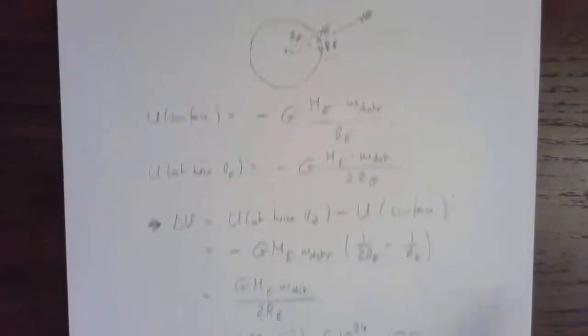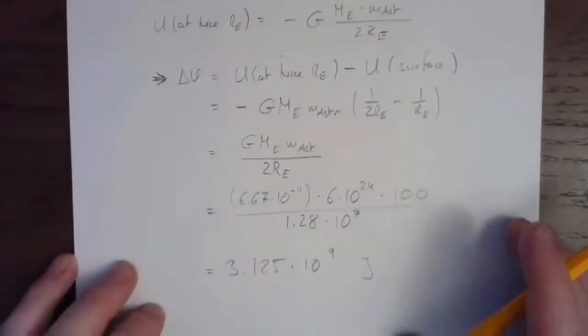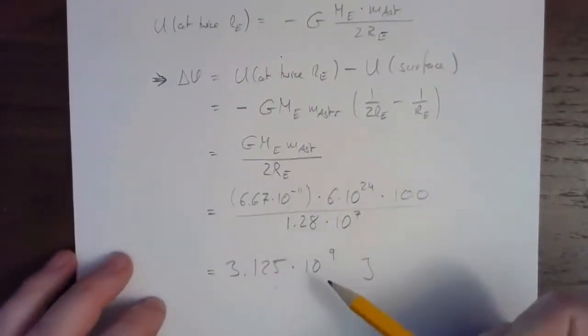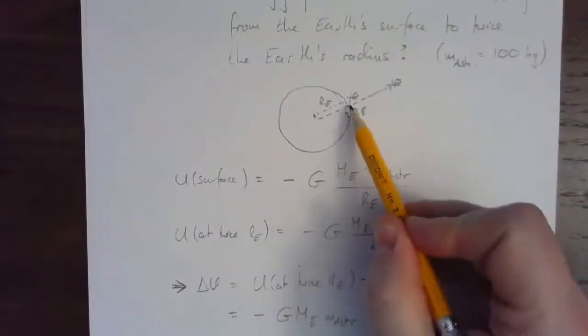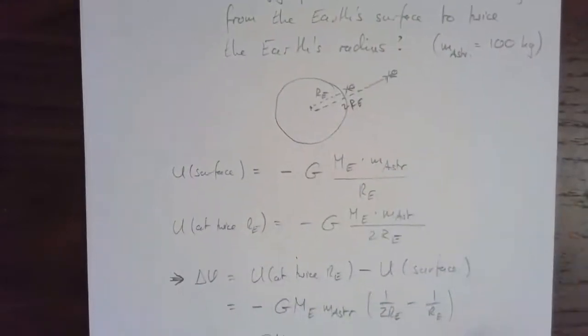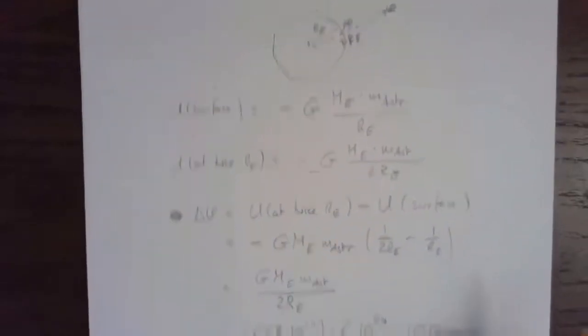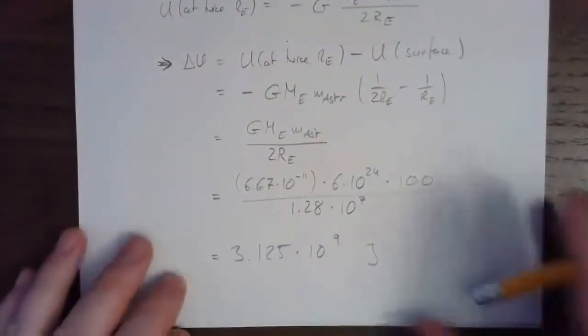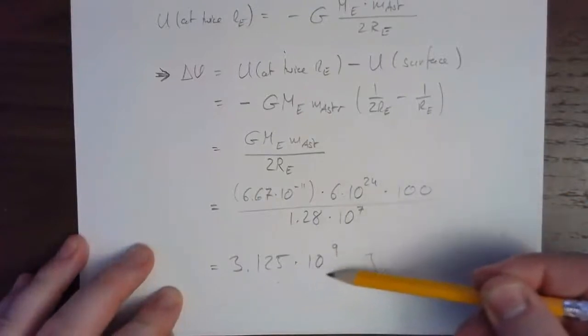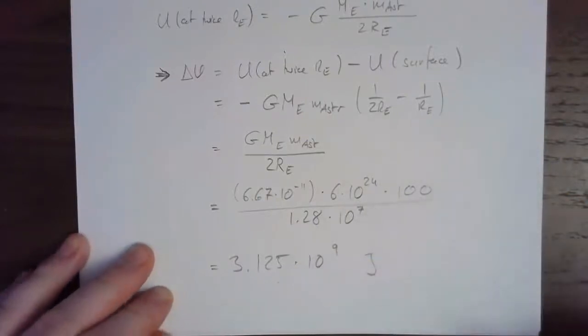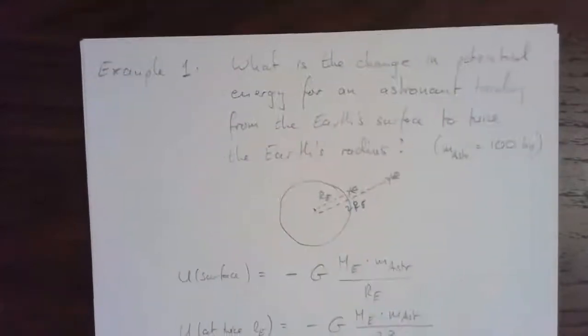Well, here we can't do that, right, because there's no constant value of g. g assumes you're staying at the surface, assumes that the radius isn't changing much where you're at. So we have to work it out with this change in potential energy, where it comes to exactly the same thing.